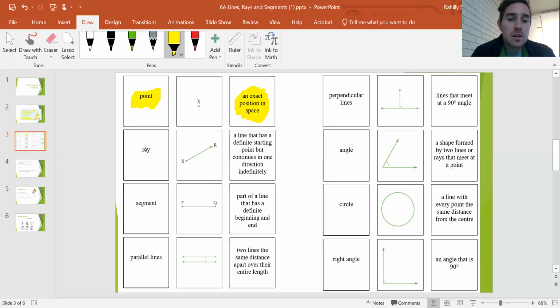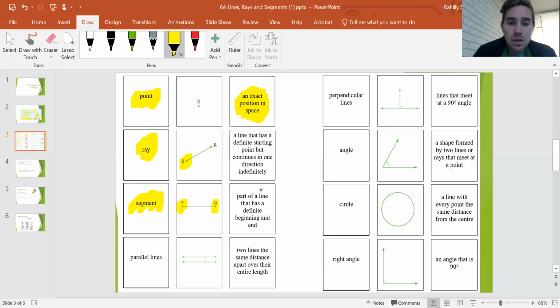A ray is a line that has a definite starting point but continues in one direction. So like we've got here, the starting point is a point, but it doesn't finish at another point, so it continues indefinitely. Whereas a segment is point to point. It starts at a point, finishes at a point, and connects the two together.